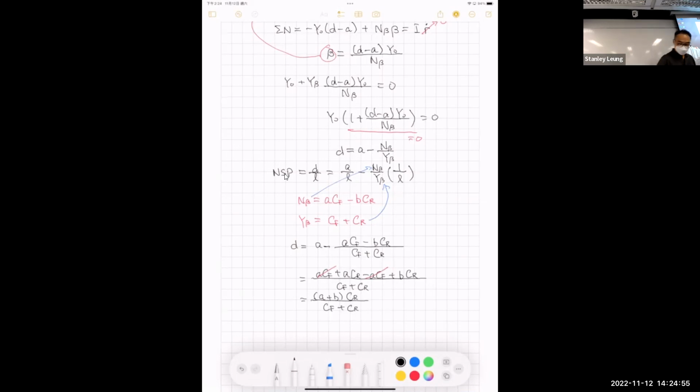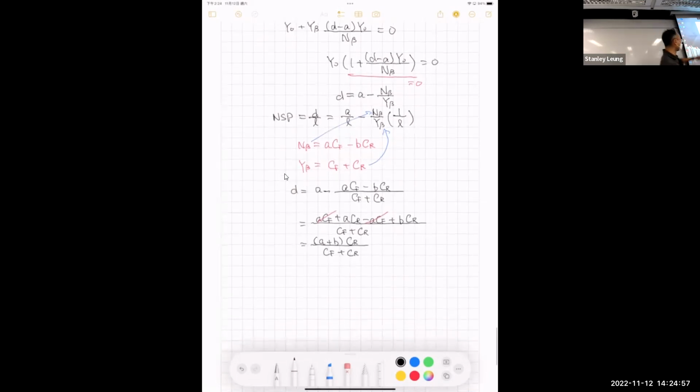Because I try to make it slow because I look at a lot of reference. It jumps fast. Sometimes you guys may confuse how the equation came from. Okay, I try to be very detailed.